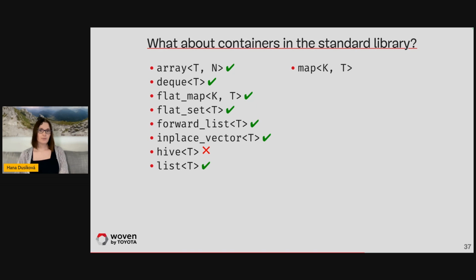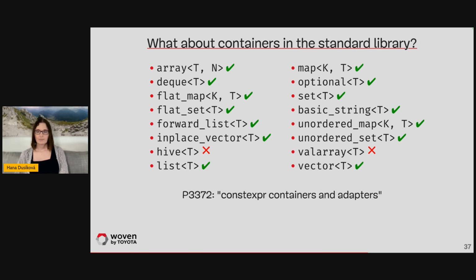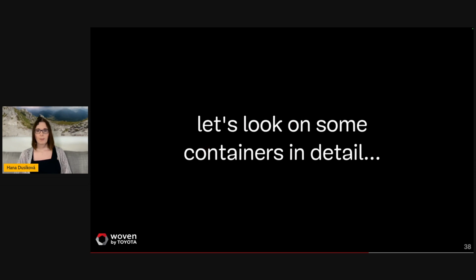List, constexpr, map, optional, set, basic string, another map. Everything is valarray, not valarray. And vector, everything is constexpr mostly. So once the interpreter is strong enough, and already it's strong enough, we can represent most of C++ to be evaluated in constexpr, in constant evaluation.